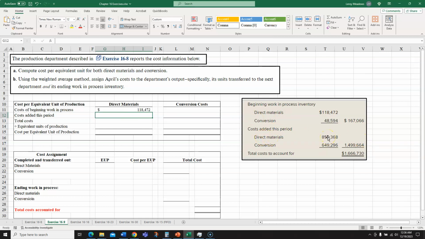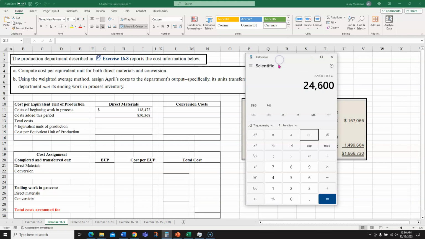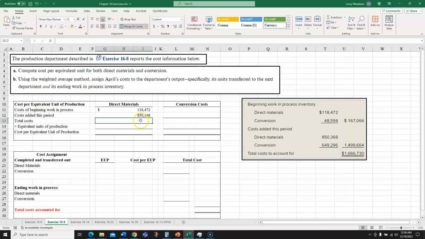Well, the cost of the direct materials I added this period comes out to be $850,368. So let's go ahead and put that in there. And for my total cost that I've incurred through the end of this period, 118,472 plus 850,368, I get a total direct materials cost incurred to date of $968,840.